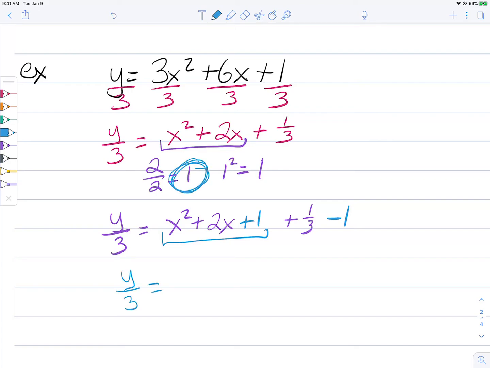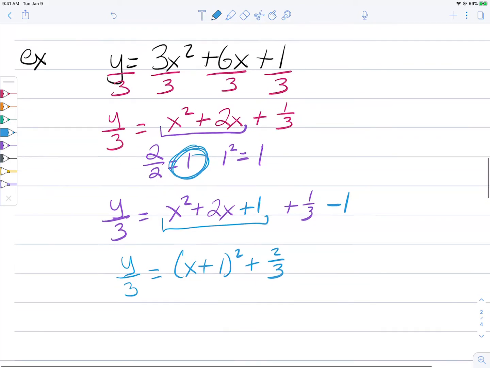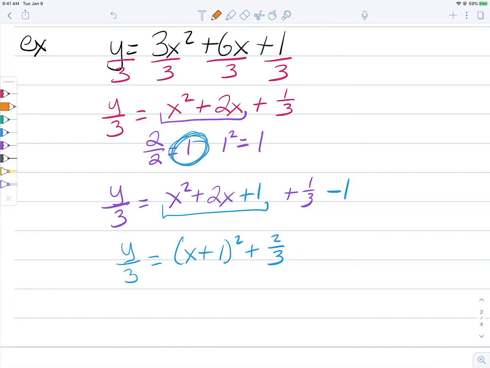Remember, this is our key number here. So we have (x plus 1) squared, and 1/3 minus 1 is 2/3. So we're not completely done because y is not isolated. So this is where step 5, we now need to multiply or divide everything by a to get our y by itself.